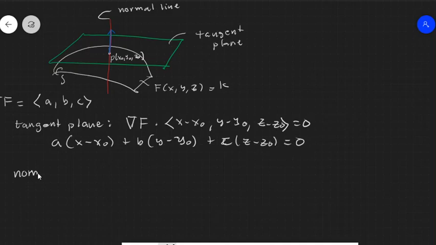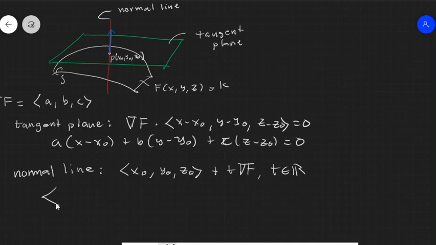And for the normal line, we have this representation: the vector (x0, y0, z0) plus the scalar multiple of grad f, t times grad f, where t is in R. Equivalently, we have (x0 + at, y0 + bt, z0 + ct), where t is a real number.